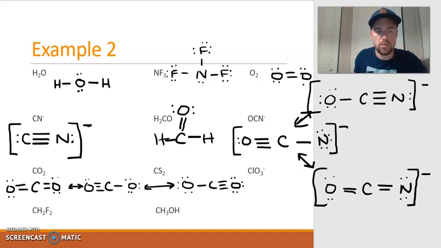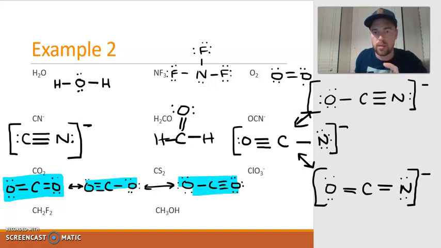Probably most of you, if not all of you, did this first one right here, because if you're anything like me, you like to see that it's symmetrical, right? You have the two double bonds. But technically speaking, you also could have drawn it this way, or with the triple bond this way.